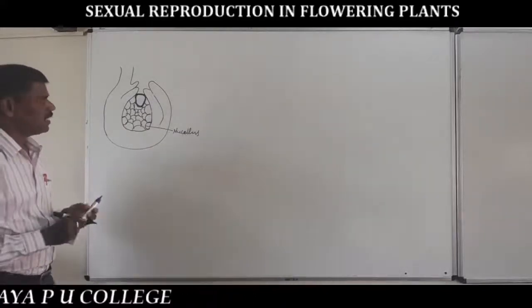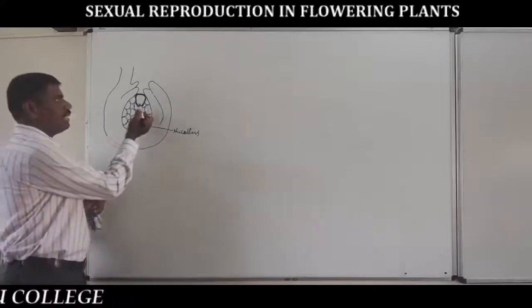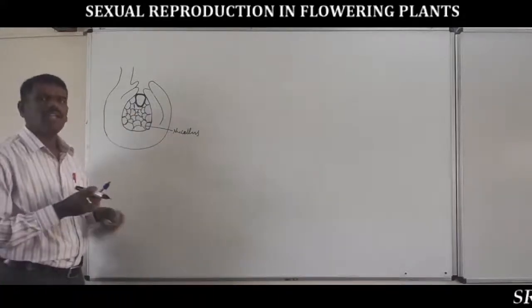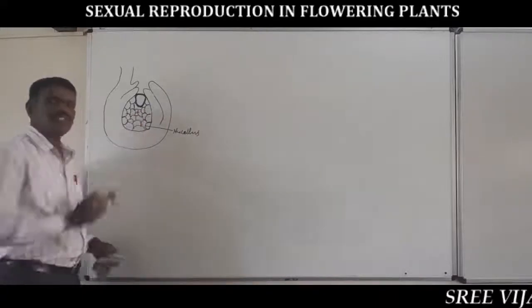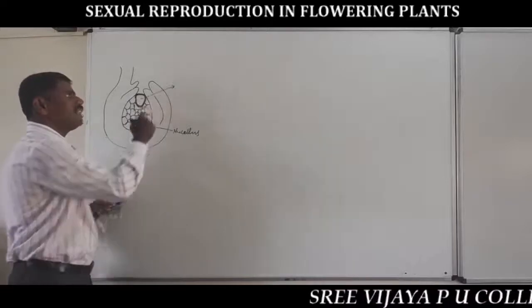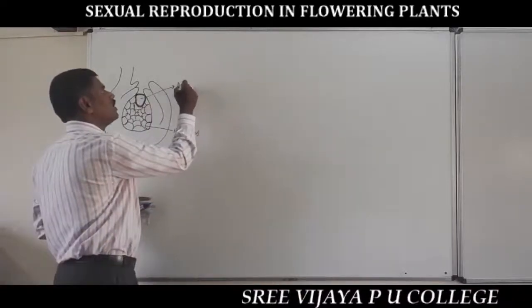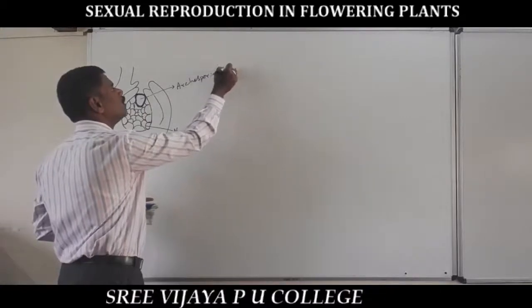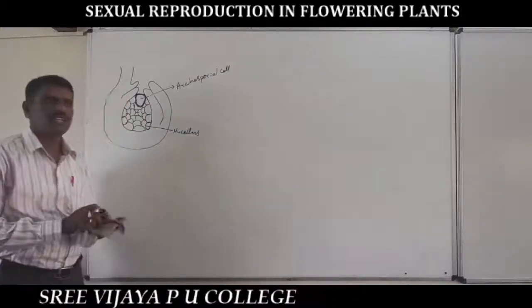In the nucellus cells, you identify one cell that is very large compared to all the other cells. This larger cell we call the archesporial cell.